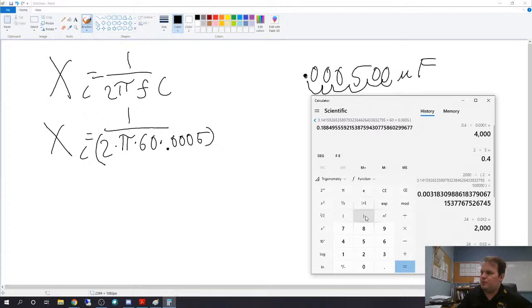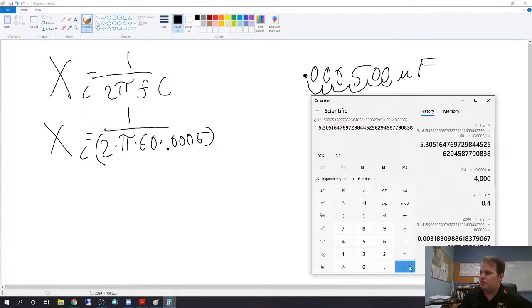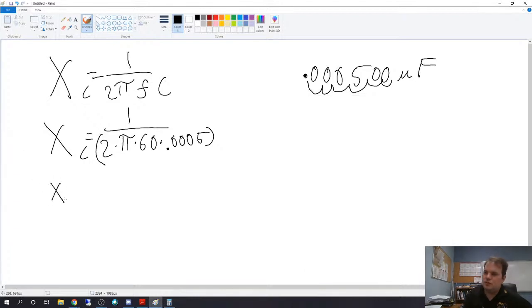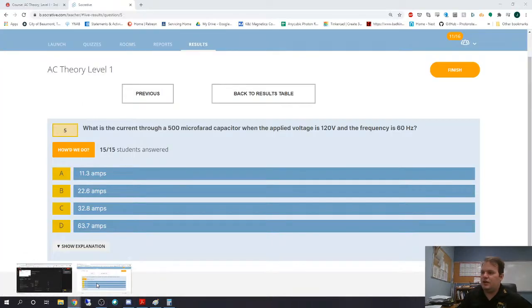Close your parentheses and hit enter. Let the calculator do the work. We have X of C is 5.3 ohms.